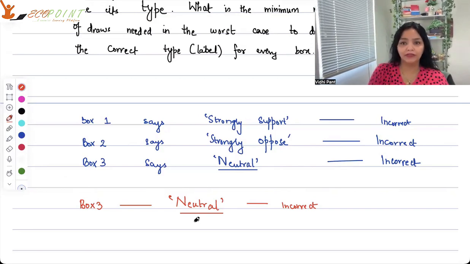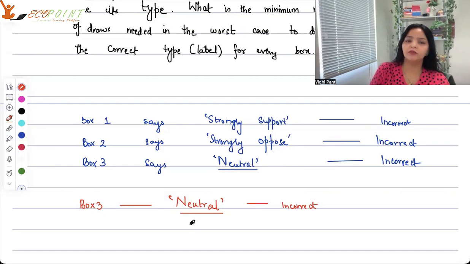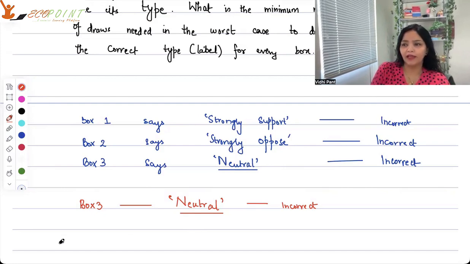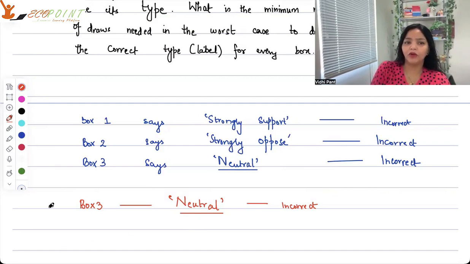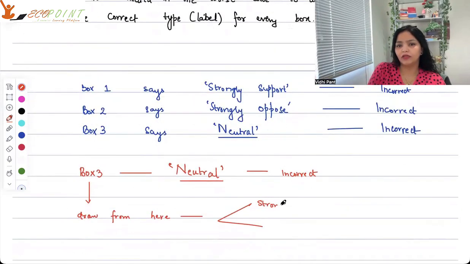Now, the good thing for us is that none of the boxes have mixed responses. So every box contains only one response type.